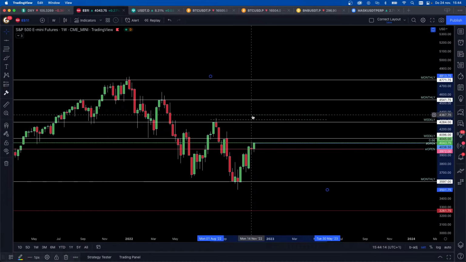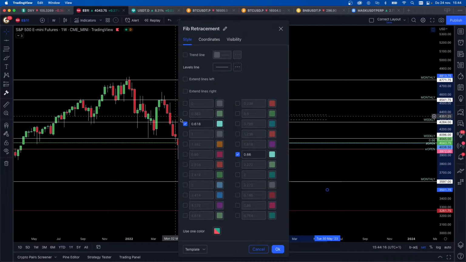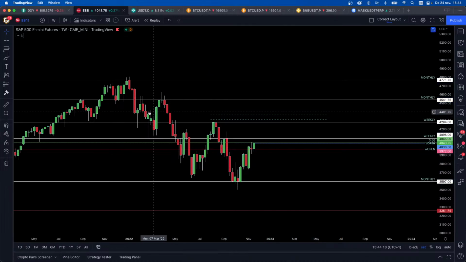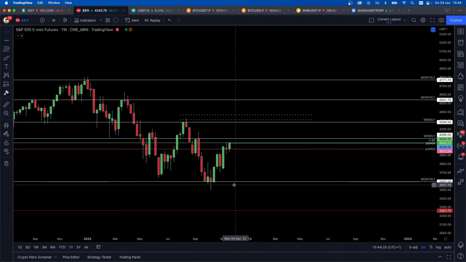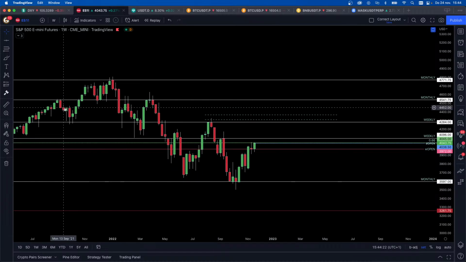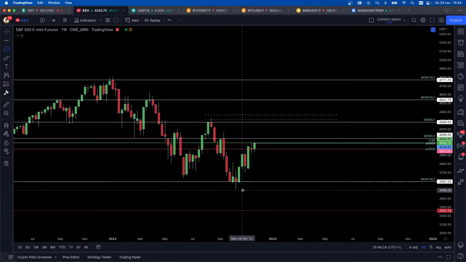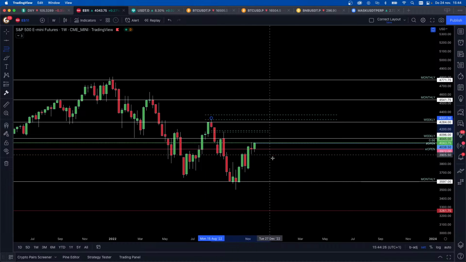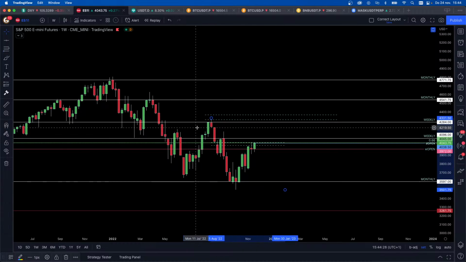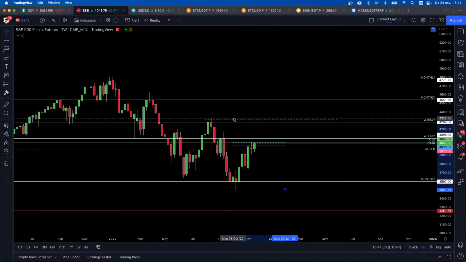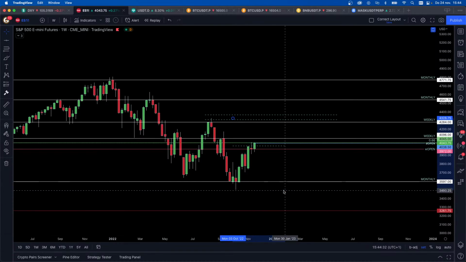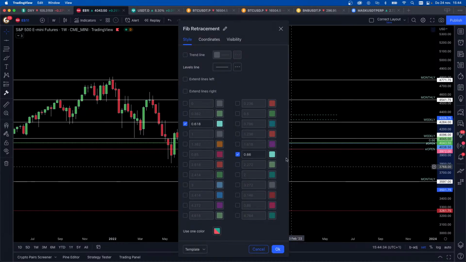This is the 66 and a 618 FIB. And then you can also use the FIBs on a local swing high, swing low to give you another target. You may want to add the 786 FIB as well.